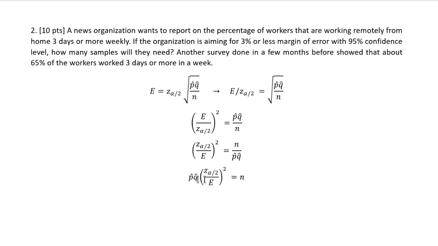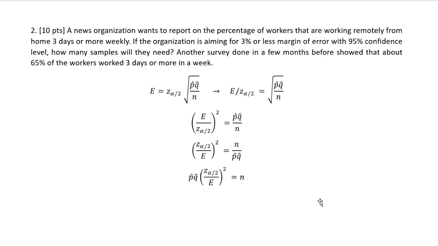So there are two ways that we try to address this. One is, if you have totally no idea what p hat and q hat would be, then just think of p hat as 1/2. Then q hat would be 1 minus 1/2, which is 1/2. And that gives you the maximum value. So it gives you how many samples you need in the worst case scenario.